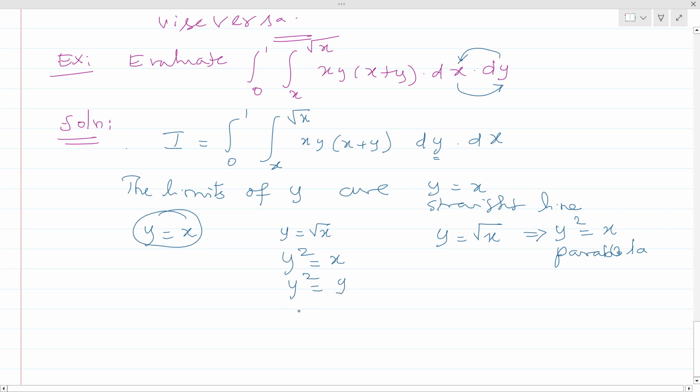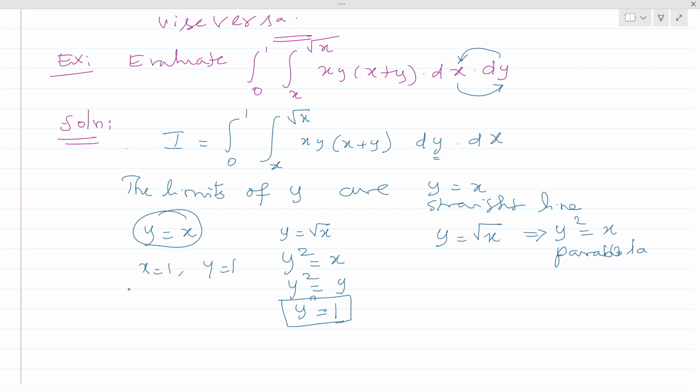Substituting, y cancels on both sides, then y equal to 1. If y equal to 1, x is also 1. So x equal to 1 and y equal to 1 is the intersection point.